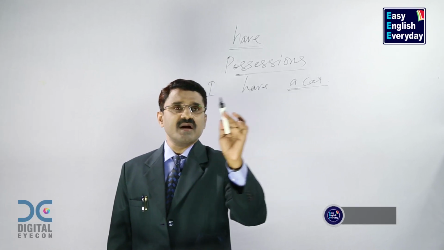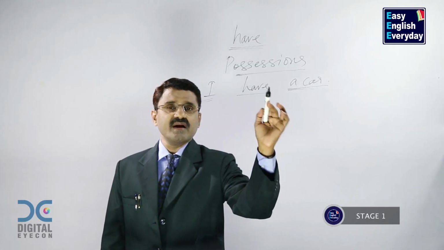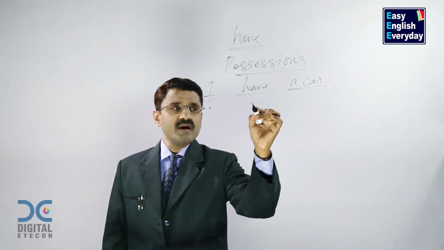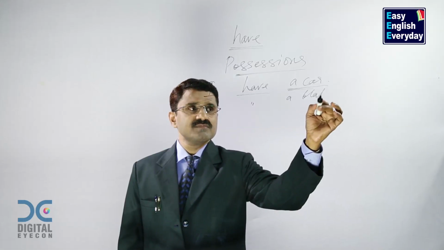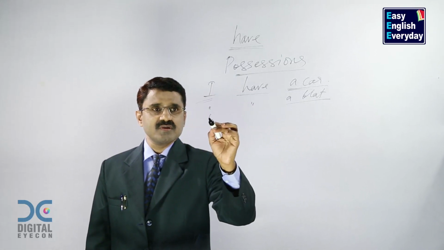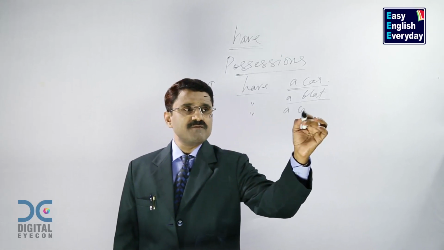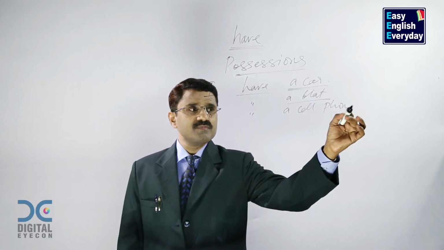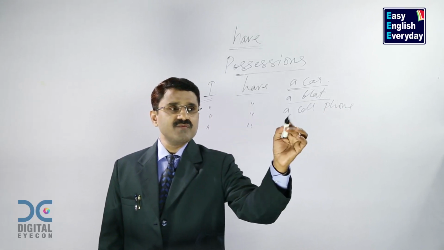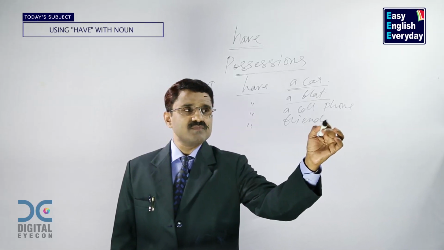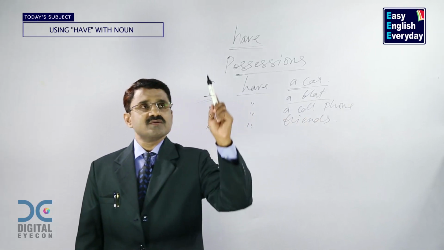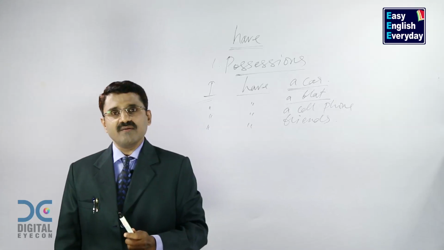This is my possession. I have a flat. This is my possession. I have a cell phone. This is my possession. I have friends. This is my possession.